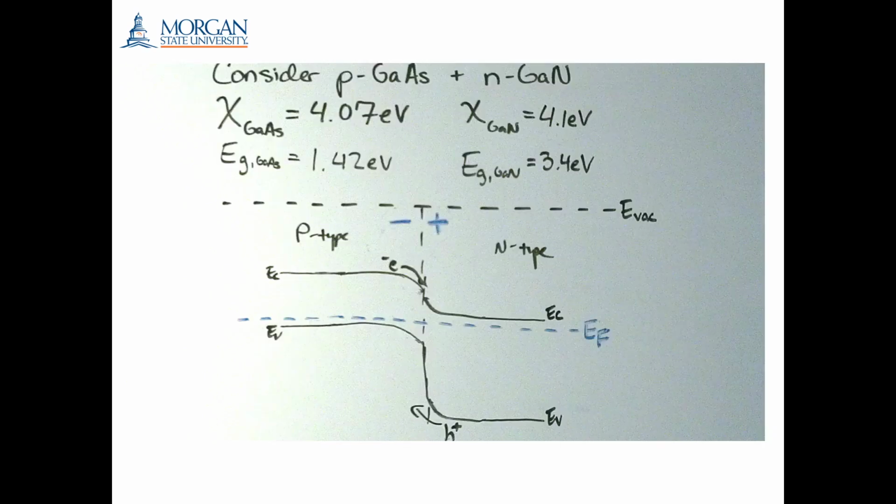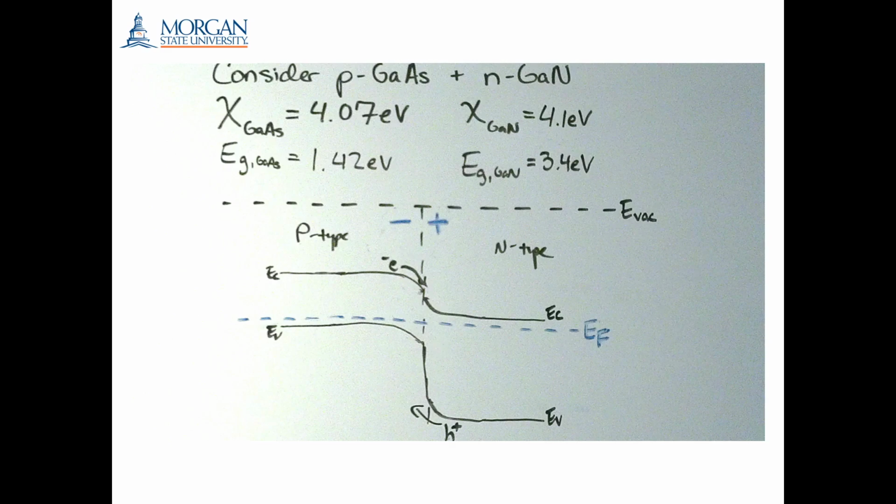Then I can clean it up a little bit and I'm able to see how my holes and electrons prefer to flow. There's a huge acceleration of holes going from the gallium nitride to the gallium arsenide. But there's a slight acceleration of electrons to do the same thing, as you can see.